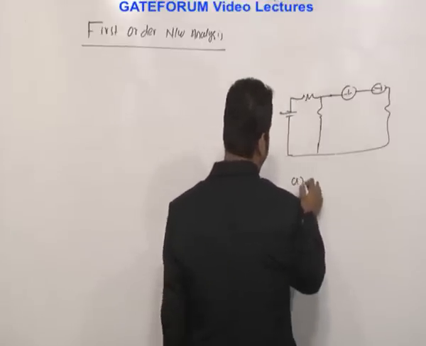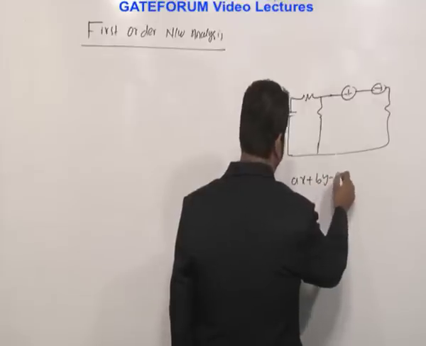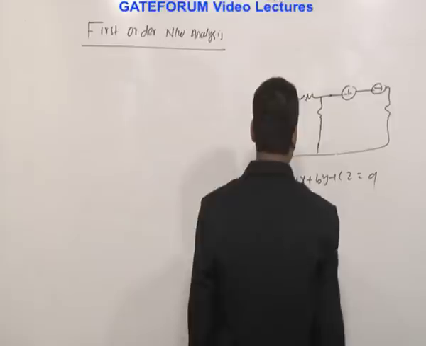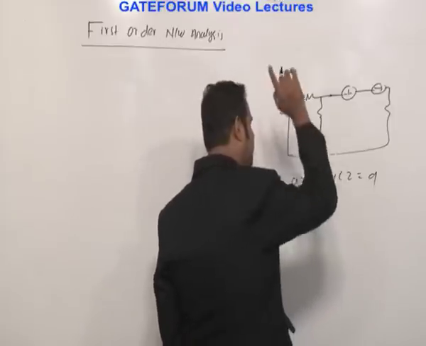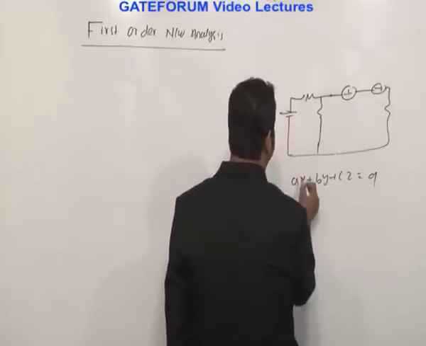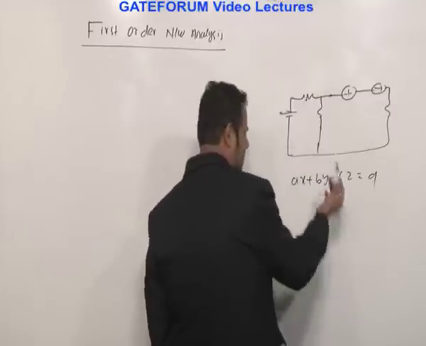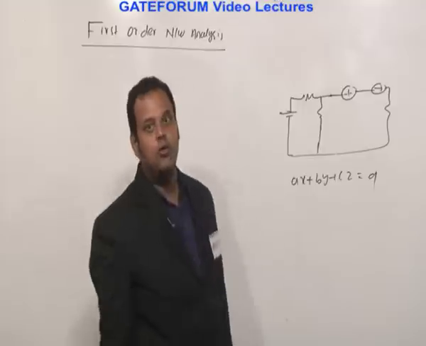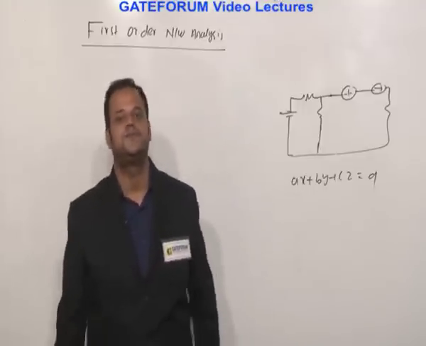Algebraic means the equation is in this format: ax plus by plus cz equal to d. If the network is purely resistive, you cannot get something like a dx/dt, b dy/dt. You will never get it like this. Why?